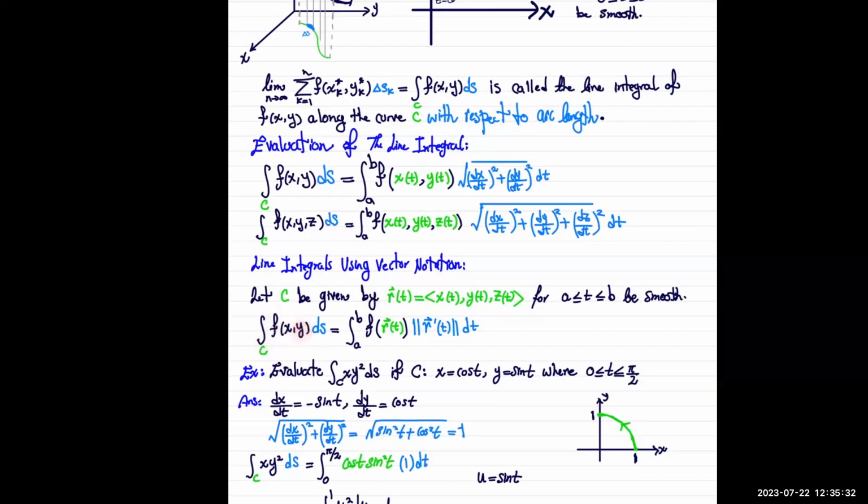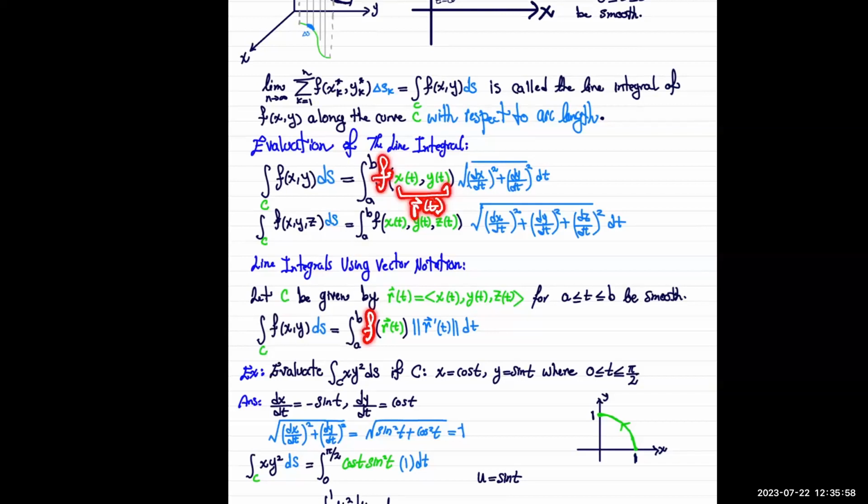Okay, so again, the line integral of f on C with respect to arc length is equal to the integral, t goes from a to b. And what we are doing, as you saw over here, is plugging r of t into the function.